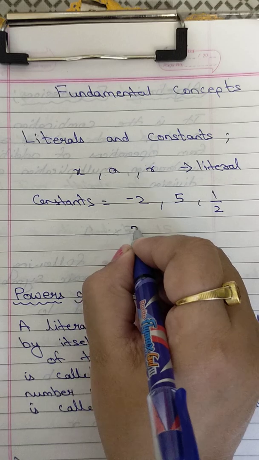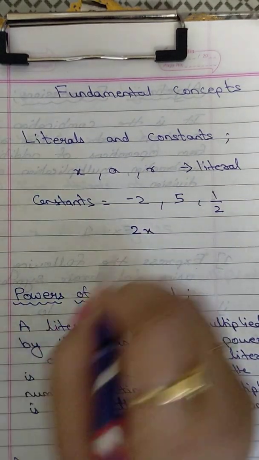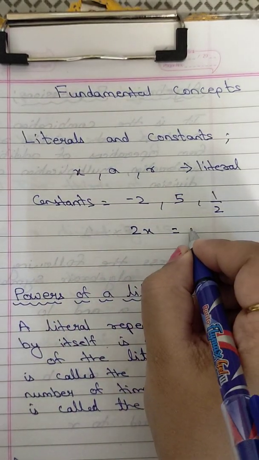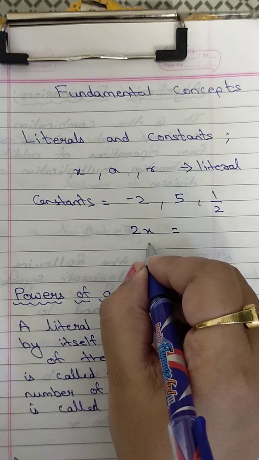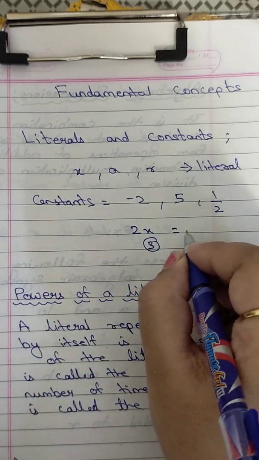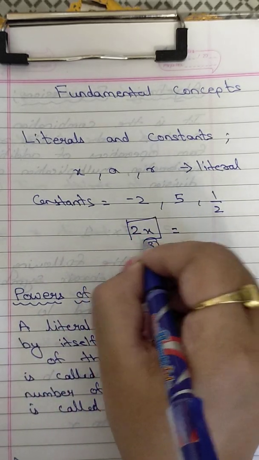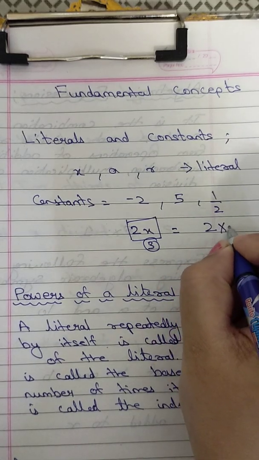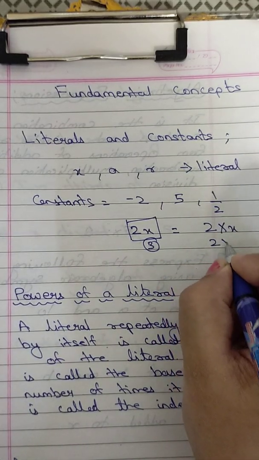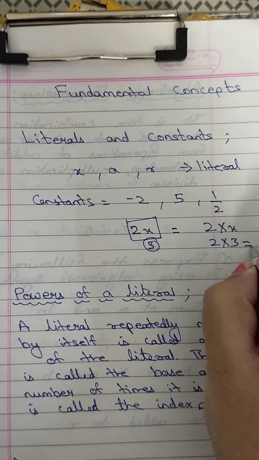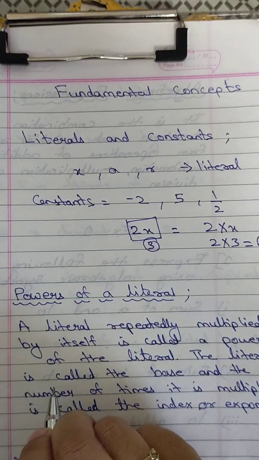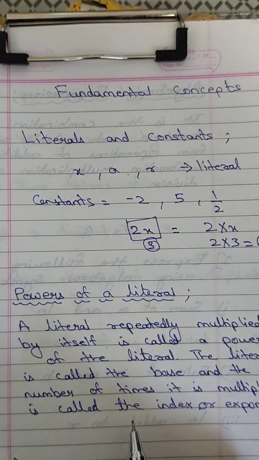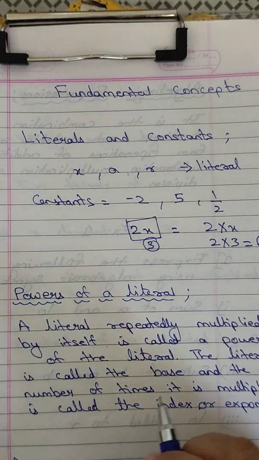For example, if I am writing 2x and the value of x here is 3, the value of this 2x term will be 2 into x, or 2 into 3, that means 6. So that is why they are called literals or variables.